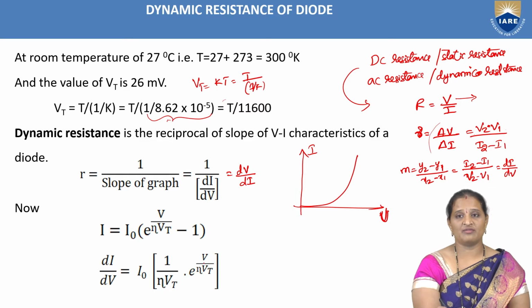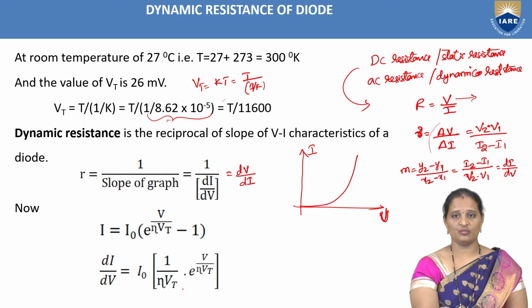So e power V by eta Vt into the internal differentiation of V by eta Vt, that is 1 divided by eta into Vt.